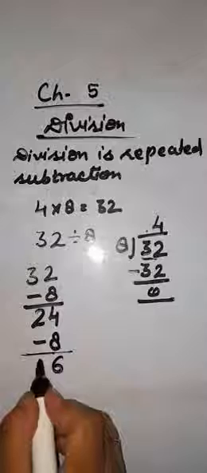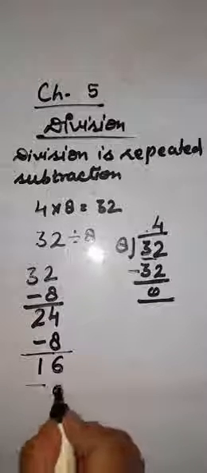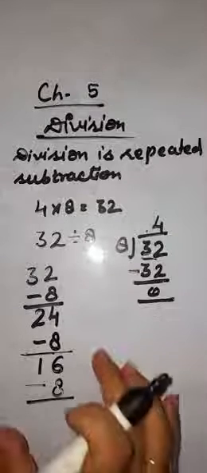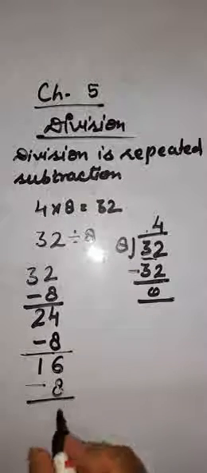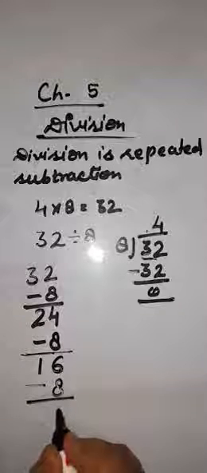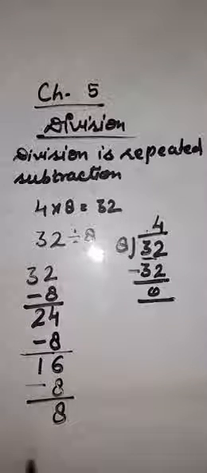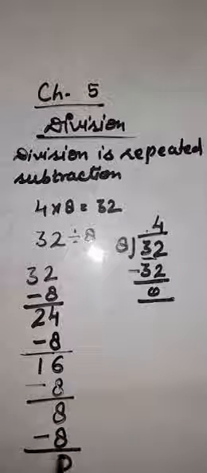And here 1. Now again we will minus 8, until we get 0. We subtract 8 until we get 0. So 16 minus 8 is 8. Again we subtract 8. 8 from 8 is 0.